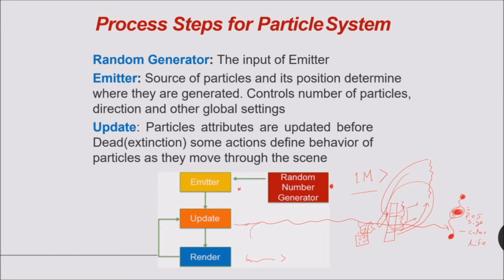So this cycle will go on until it expires its lifetime. After you're done with it, you can put it back, whatever you want. You can set up its lifetime as a boolean value and then come back, right? So there are so many things that you can do with it, right?